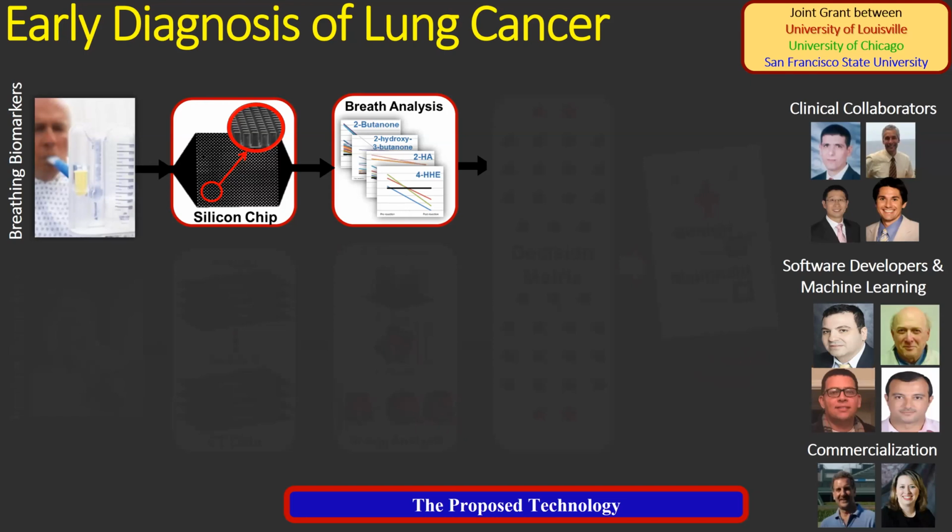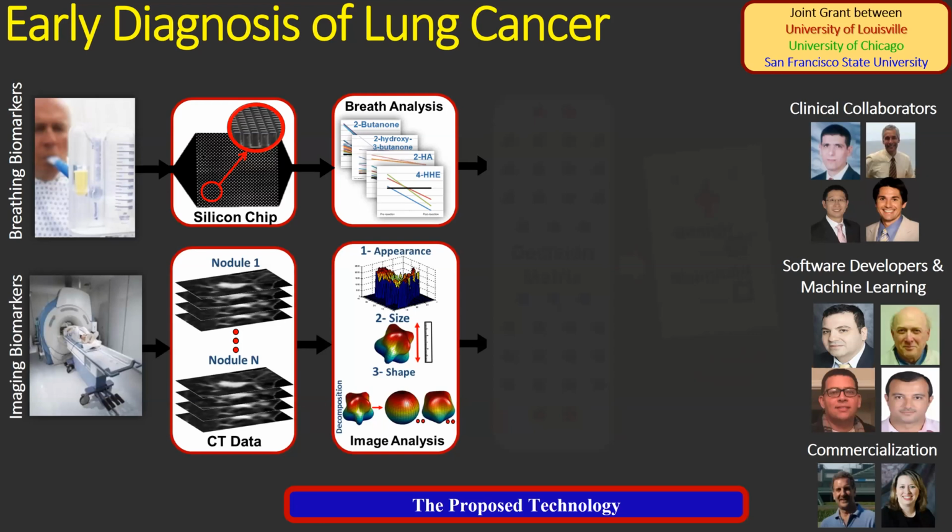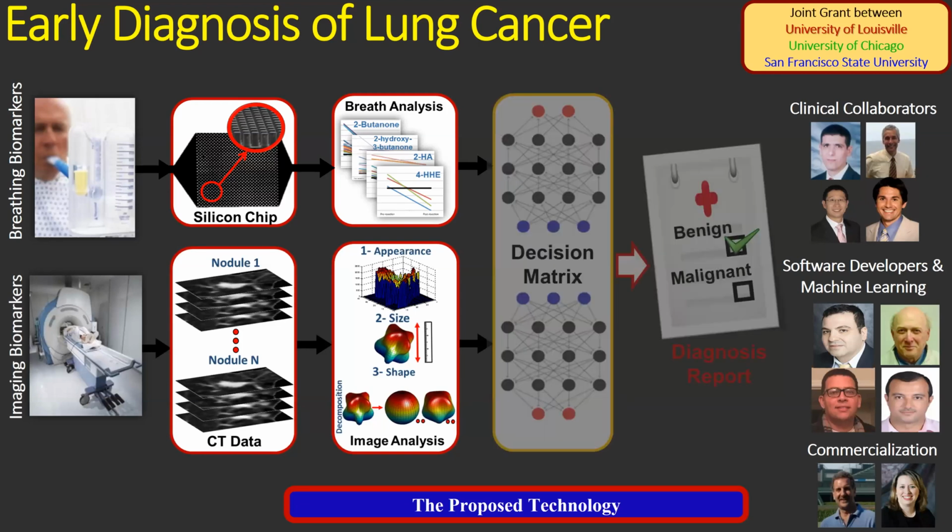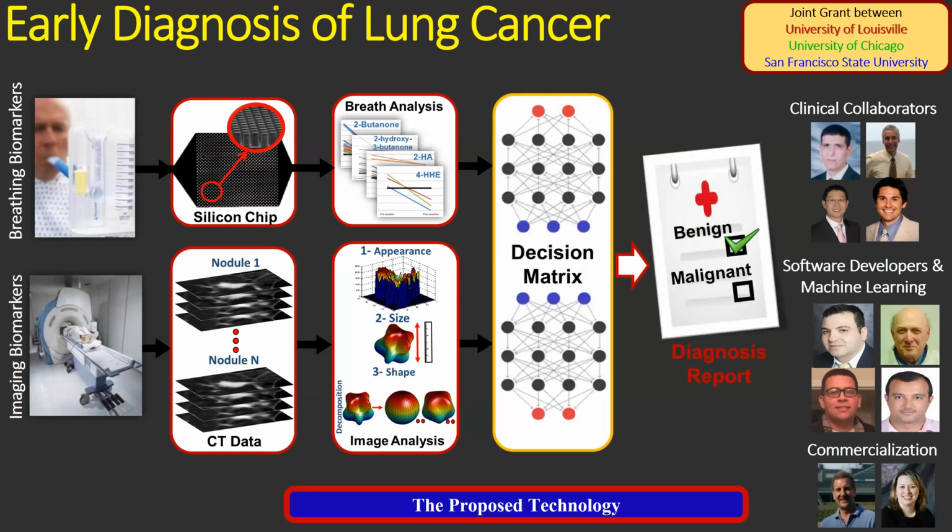I take the patient, push the air inside this chip, and we analyze it and measure the carbon components in the air. I add this breath marker to what I have from imaging, and we were able to reach an accuracy of around 95% from the first visit. And this was the challenge.